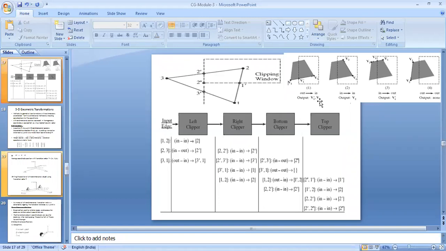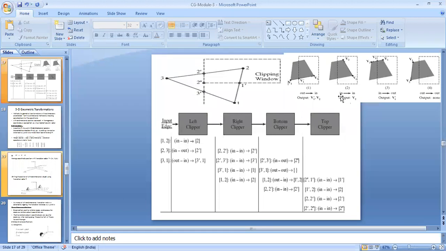If an edge is moving from outside to inside, then you need to consider only the intersection point and the second vertices. Okay. Now let us come to the second point. If both V1 to V2 are inside, V1 is also inside, V2 is also inside, that means my edge is moving from inside to inside.